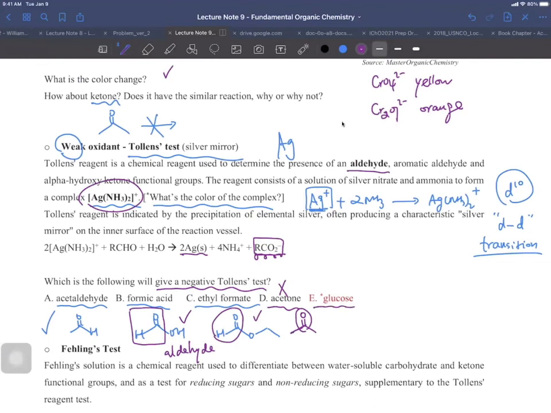Glucose is a saccharide, which is a polyhydroxyl aldehyde or ketone. If we show the very brief structure, there are 5 hydroxyl groups, and the other one is an aldehyde group. So glucose will also give a positive result. So the correct answer here is supposed to be D.